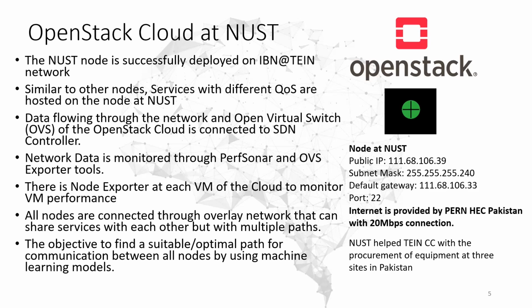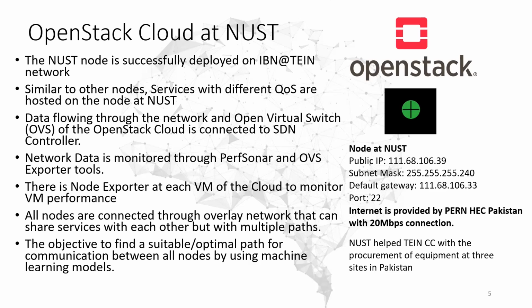And for monitoring data, we first follow some applications, web pages, and videos for the traffic flow on our NUST side. The data is monitored through perfSONAR and OVS exporter tools. These exporter tools are connected to check the VM performance.